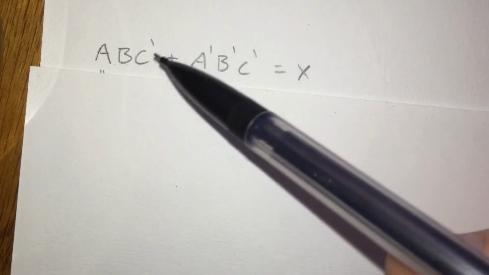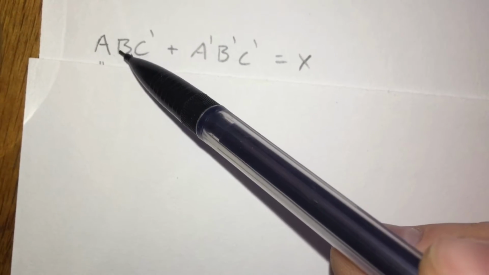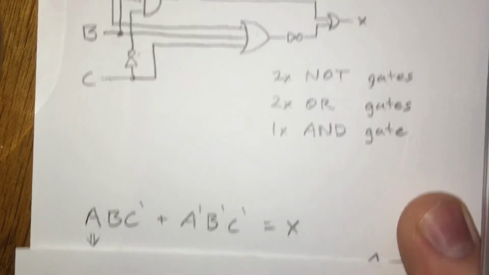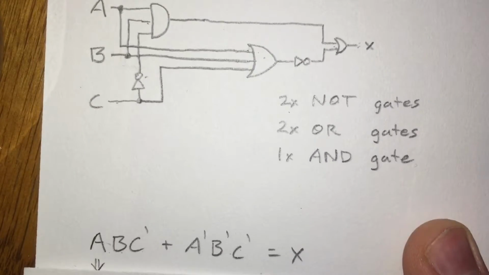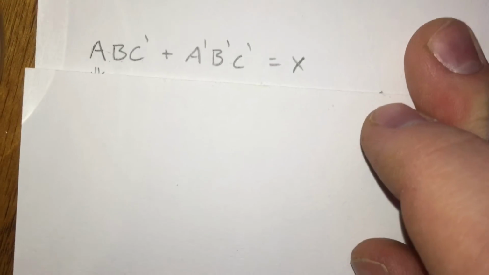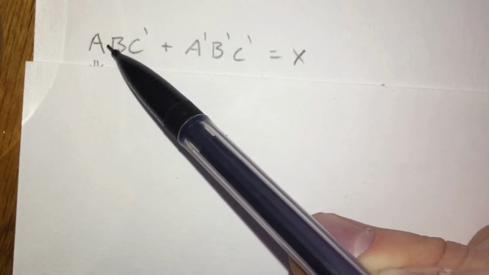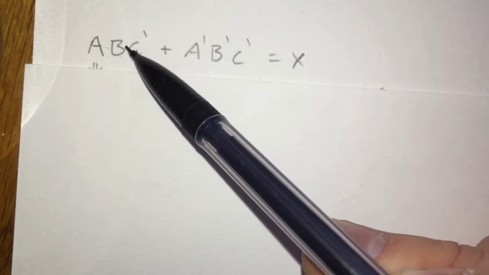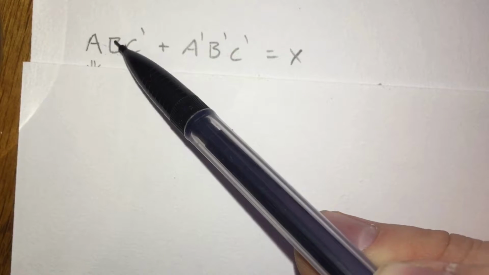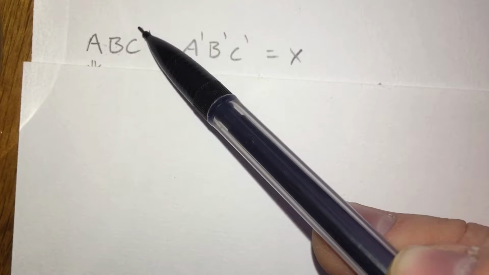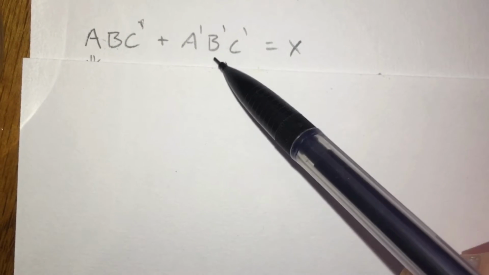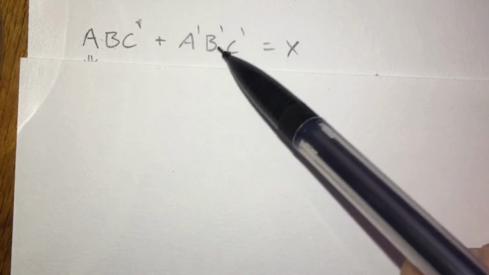We have our original statement, A. I apologize. We've already distributed the negation, so the A and B and C not already comes in distributed from our original, but we keep this term the same.